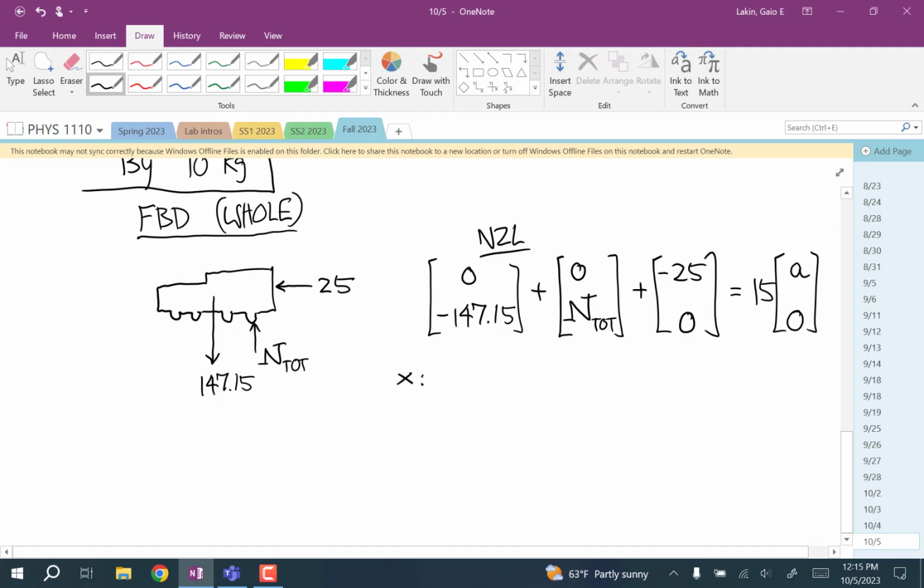The x equation says 0 plus 0 minus 25 is equal to 15a. And the y equation says negative 147.15 plus N total plus 0 is equal to 15 times 0, so 0.